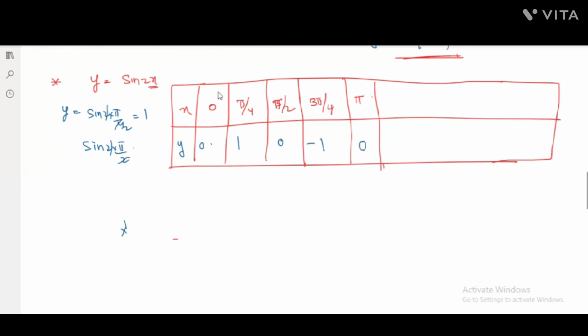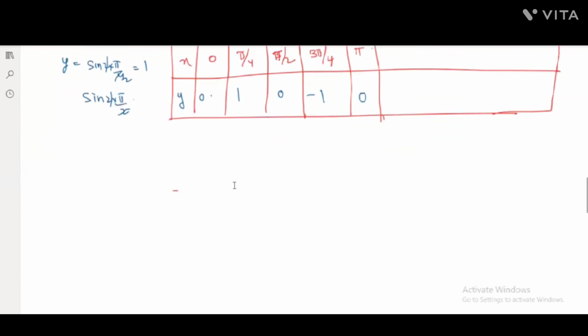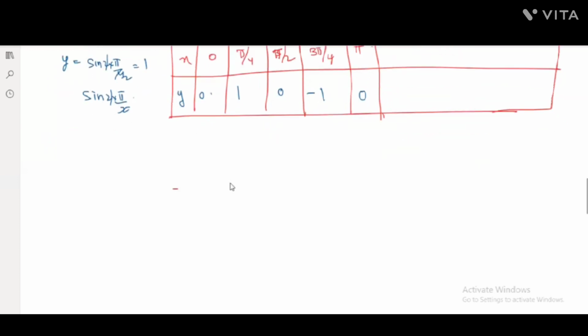So when we draw the graph for this, what are the ordered pairs we got first of all? We got the ordered pairs 0, 0; pi by 4, 1; pi by 2, 0; 3 pi by 4, minus 1; and pi, 0.